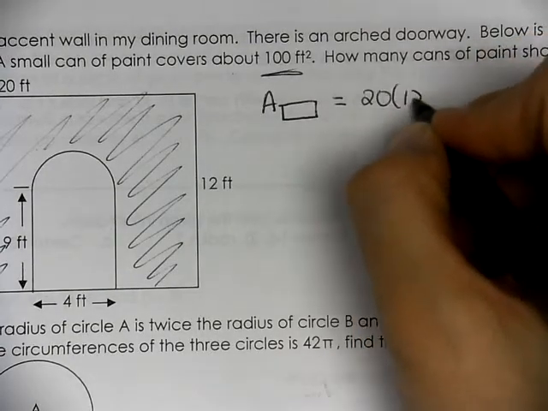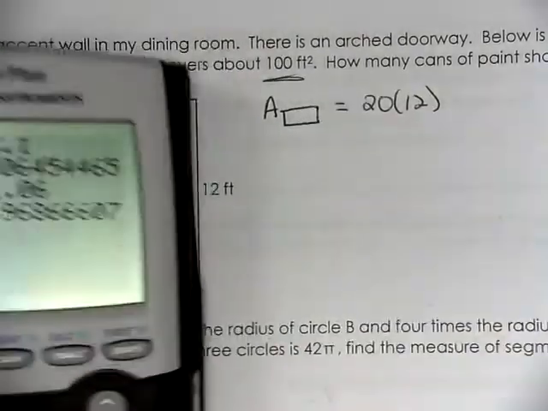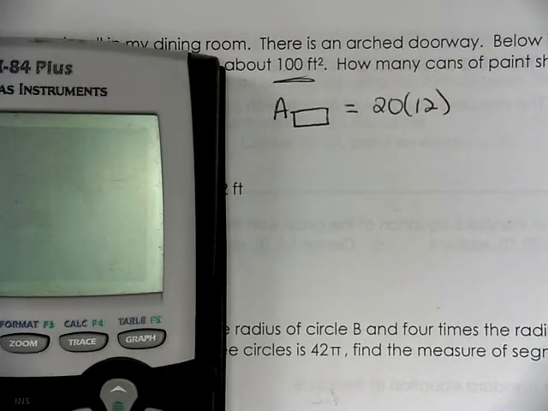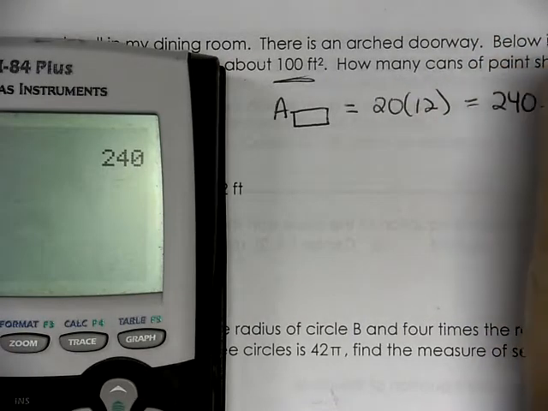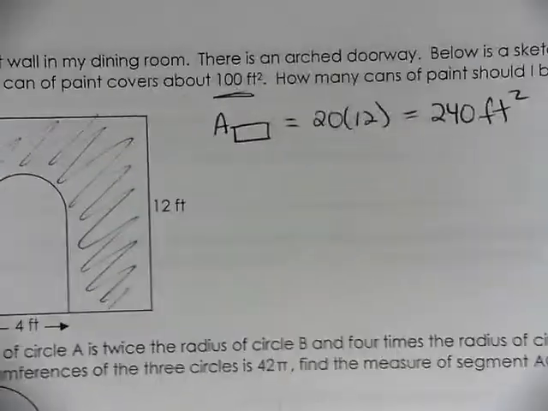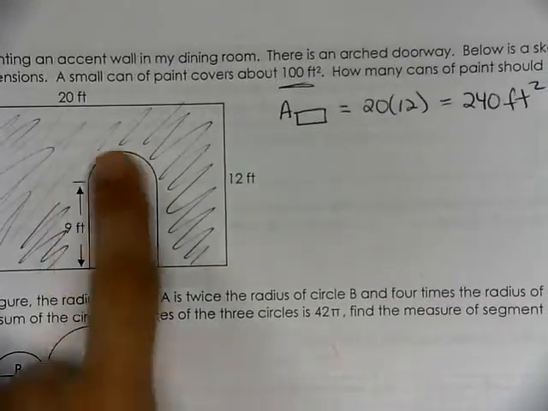Just 20 times 12, base times height. So the whole wall is 240 square feet, without the doorway, or with the doorway.